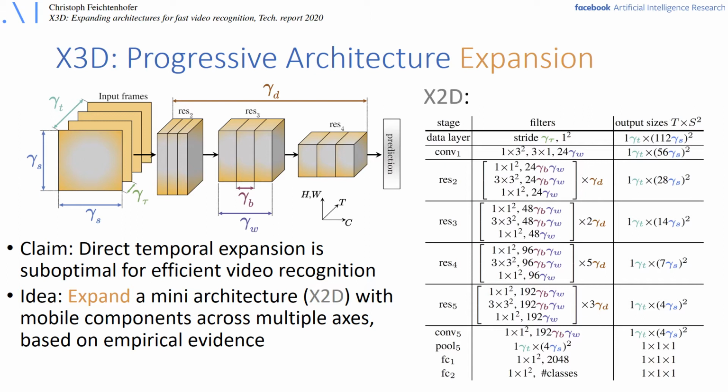The candidate axes are frame rate, temporal duration for all the activations and the input, spatial resolution for the input and all activations, network depth, the width of the network, and also the width of the bottleneck in the residual block, which is a channel-wise 3x3x3 convolution.